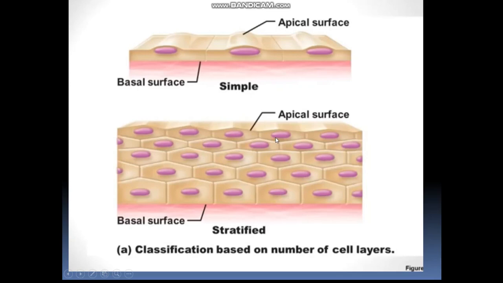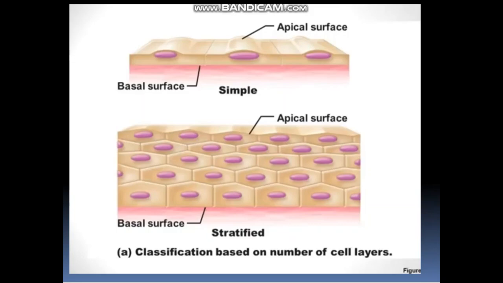They will also have different content. Then what we have to know is that epithelial tissue is separated from the underlying connective tissue by the basement membrane. So here we will see the membrane which separates the epithelial tissue from the underlying connective tissue.